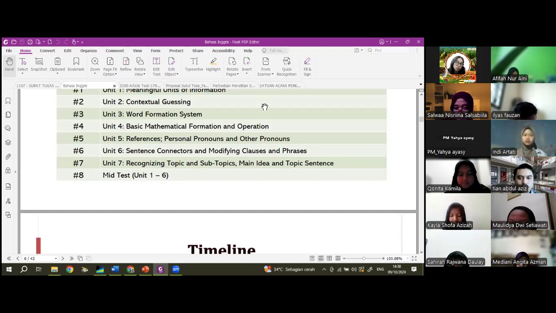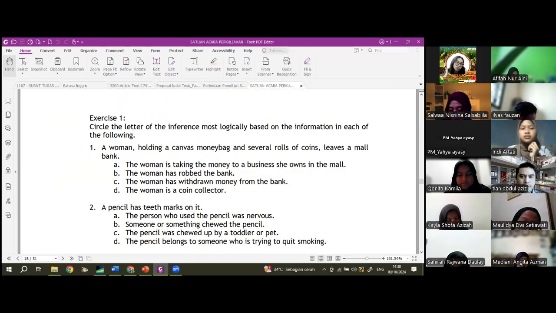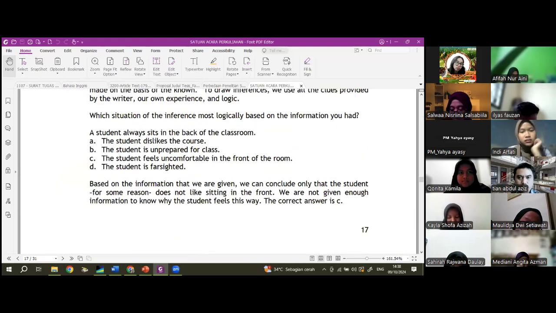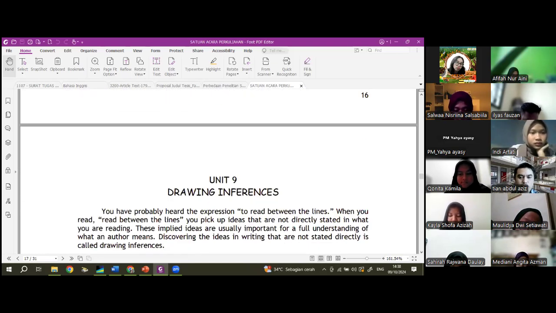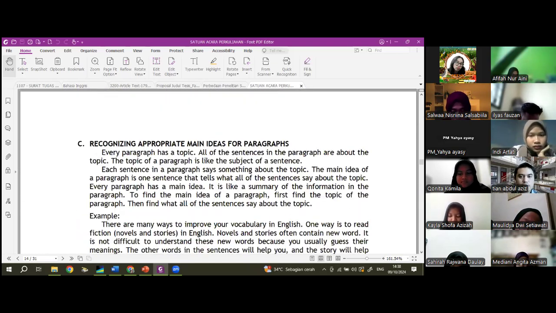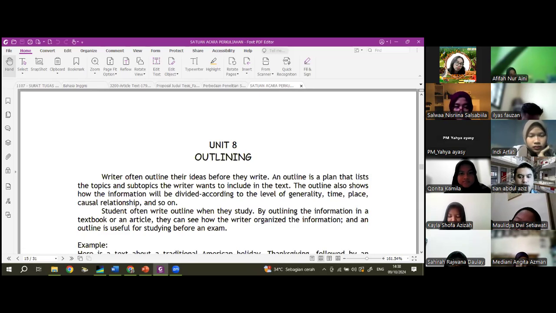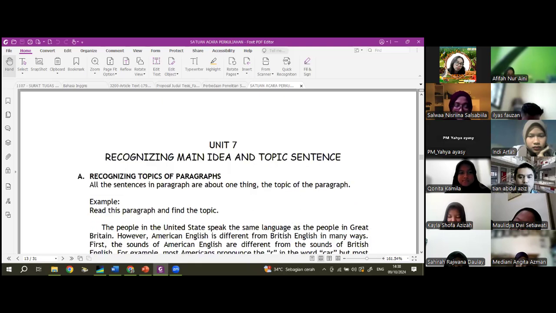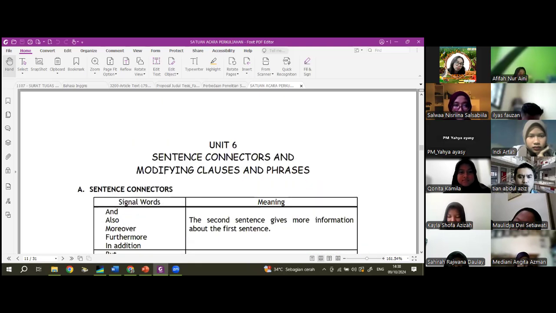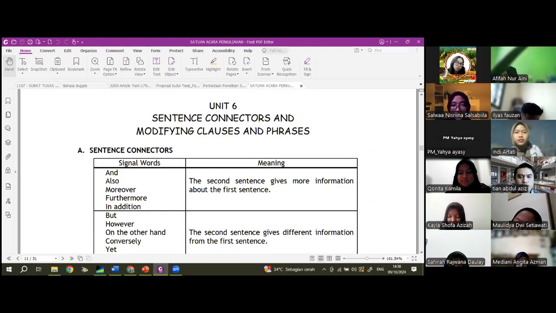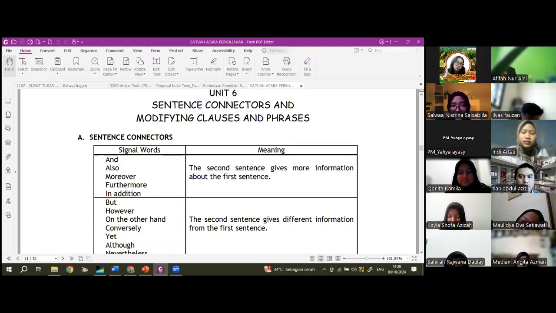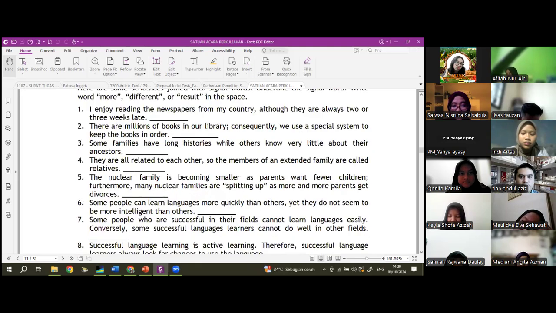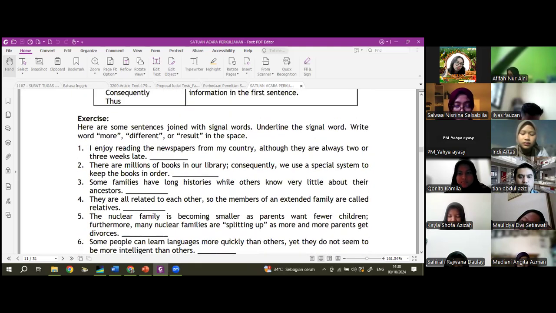Actually, the material is available in the bahan ajar, in the book. I have uploaded it on Microsoft Teams. Unit 6 is about sentence connectors and modifying clauses and phrases. You may learn by yourself here.